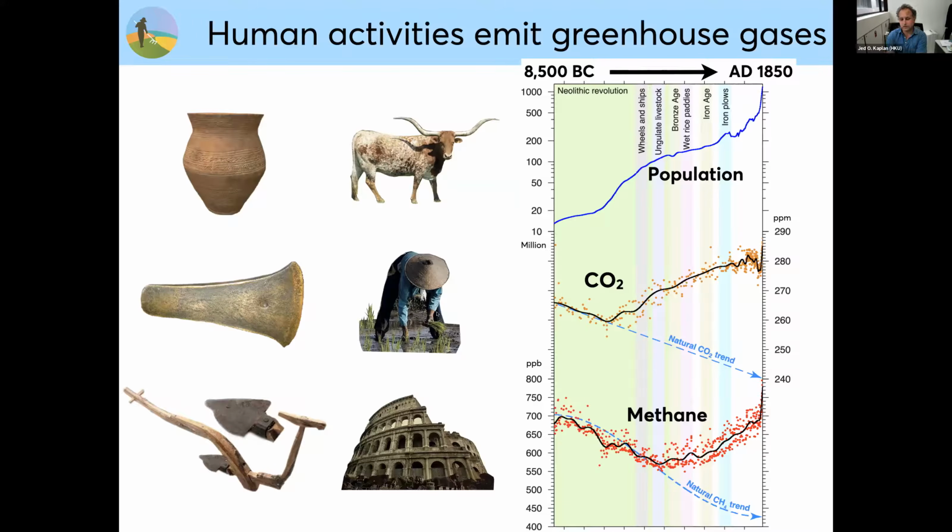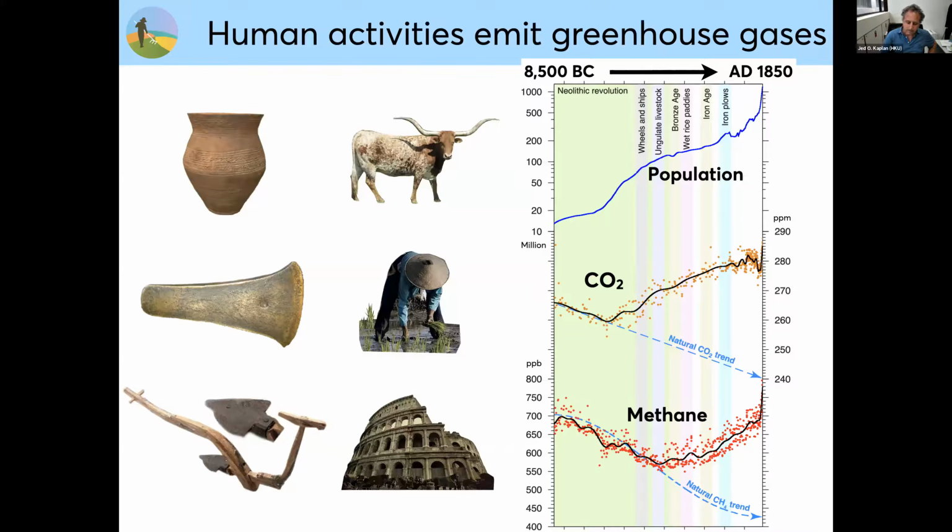Wet rice cultivation, which also starts to become important around 6,000 years ago, leads to deforestation and to methane emissions. We have a revolution in our agricultural techniques, or well, I don't know if I would actually posit it as a revolution, but rather a continuous development of agricultural techniques over time that allow land to support more and more people. And of course, all of this ultimately leads to the development of complex societies.